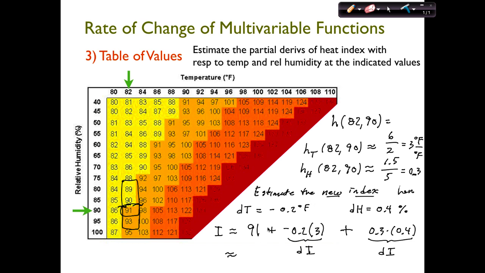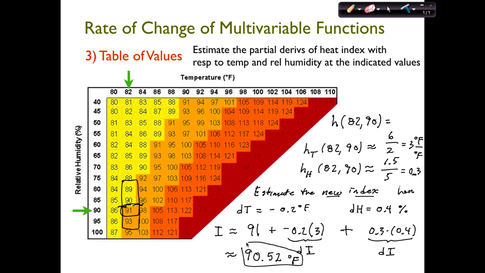So 91, negative 0.6 and positive 0.12. What'd you say, Jake? 90.5 perceived degrees Fahrenheit.